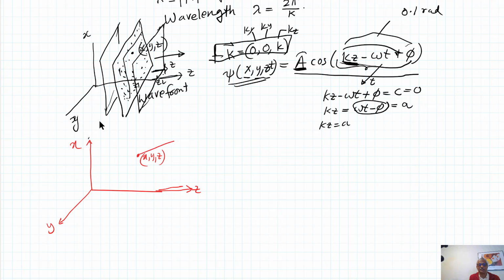Maybe this wave is moving that way, okay? So the k vector, I'll just say it's got some kx, some ky, some kz. Okay, this is just moving in a very arbitrary direction.